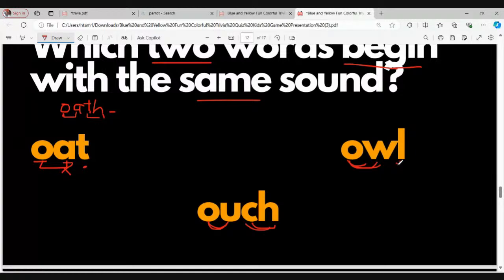Their beaks are shaped like hooks, and their face looks like a disc. If you're familiar with a disc, that's how their face looks. Yeah. And they have very large eyes. A lot of owls are brown. So that's what an owl is.